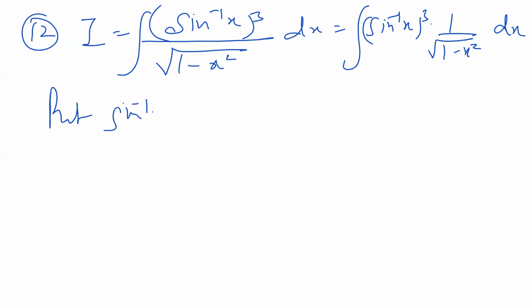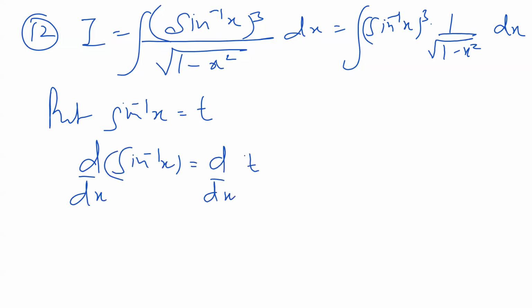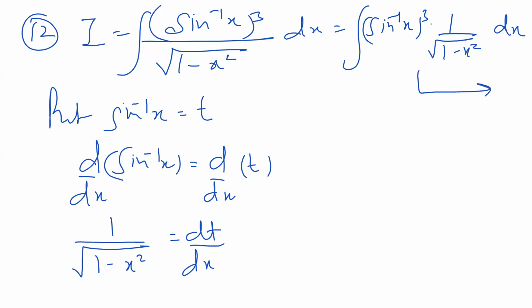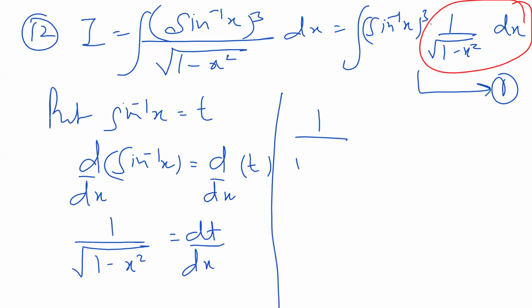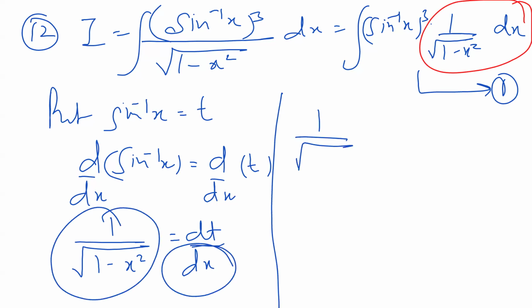Put sine inverse x equal to t. d by dx of sine inverse x equals d by dx of t, so 1 upon root 1 minus x square is equal to dt by dx. Now look at equation number 1. 1 upon root 1 minus x square dx is nothing but dt. So group those terms.